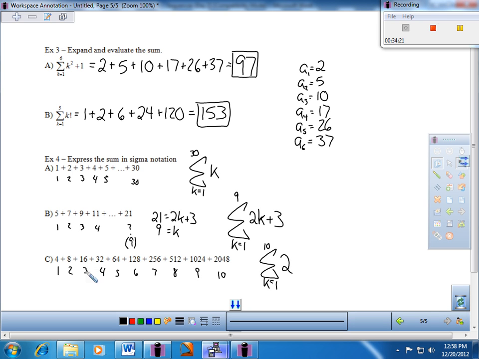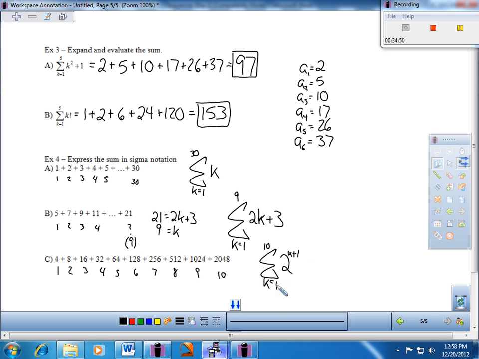Because 3 plus 1 is 4, now 2 to the 4th will give me this. 4 plus 1 is 5, now 2 to the 5th will give me this. So I see this, and again, if you have an alternative way to do this, that's perfectly fine. There is definitely more than one answer. But just starting at 1, that's probably how we would have to do it.